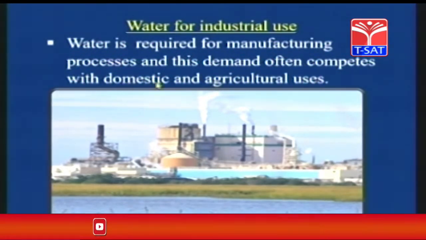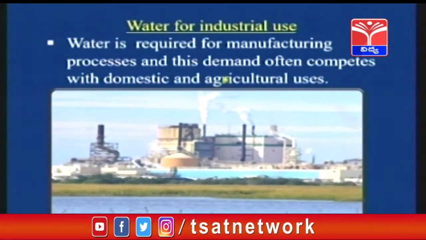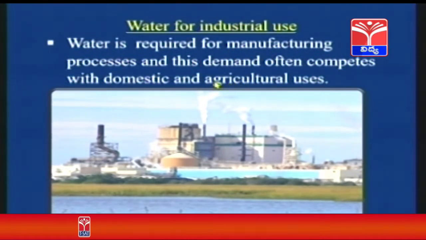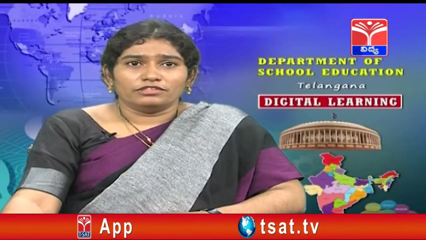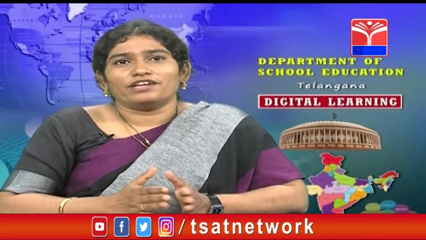So, water is most important for the domestic use and it is also important for the agriculture use. At the same time, this demand of the manufacturing process stands in competition with the domestic uses as well as the agriculture use. So, which is most important, the domestic or the manufacturing?